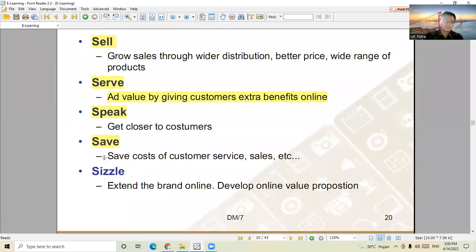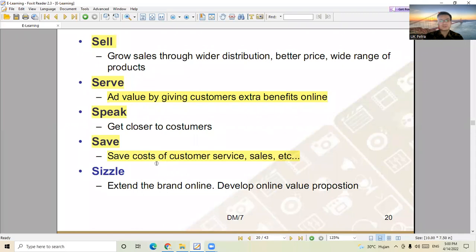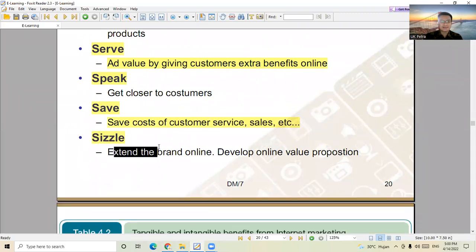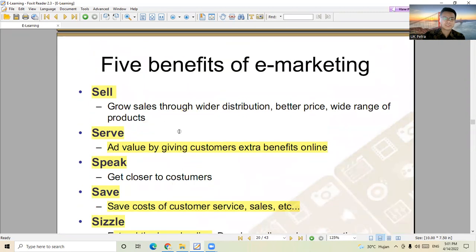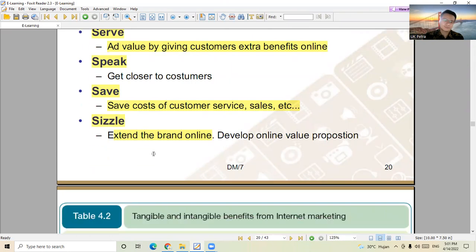Save, we save costs on customer service and sales. If we are doing our business online, we save some money. Sizzle means we extend the brand online by developing an online value proposition. These are considered the 5 benefits of e-marketing.